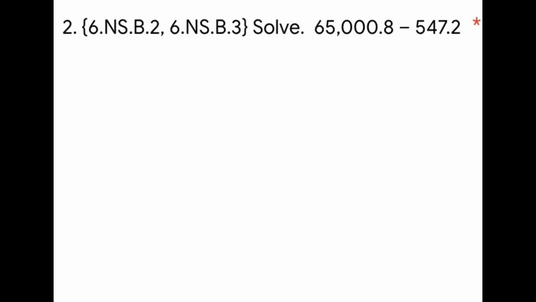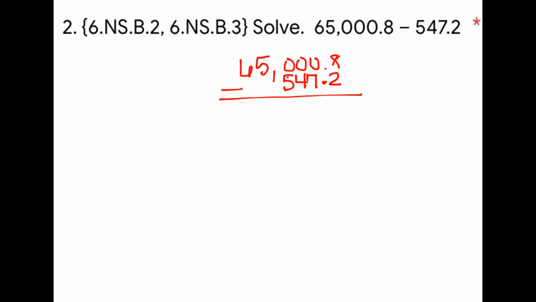What is tricky about this problem is once you line up your decimals, you notice that you have to subtract across all of those zeros. And when we subtract across all those zeros, sometimes that's where we make our biggest mistakes. So that's where you have to be careful.